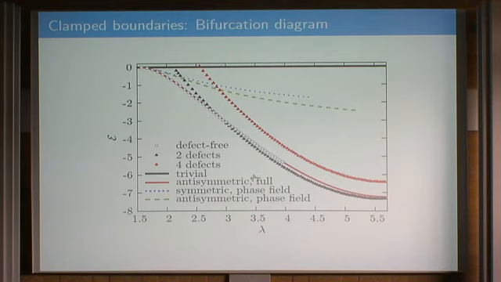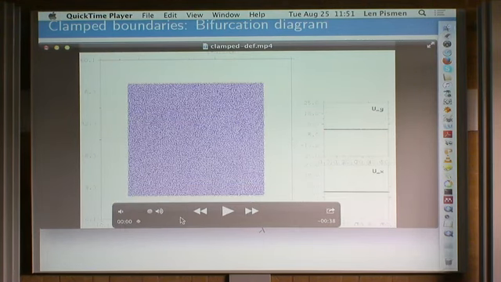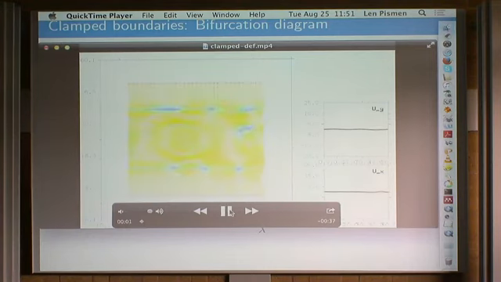Do you know about stability of these solutions? These solutions are stable, but the lowest energy solution is absolutely stable, and the other solutions are metastable. Here is the example of evolution.